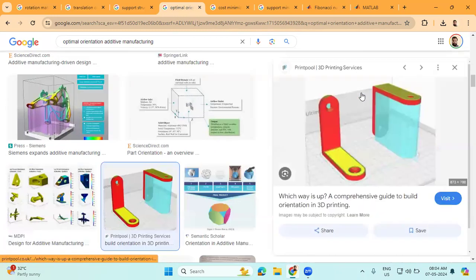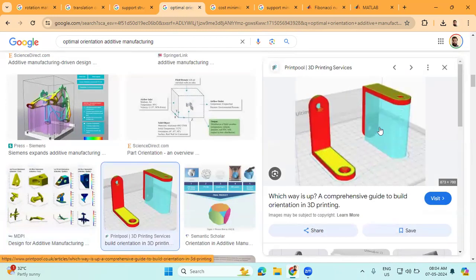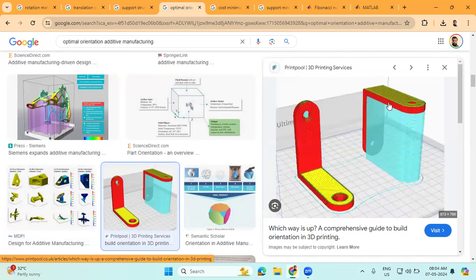When deciding on the optimal orientation for the 3D printed part, several factors need to be taken into account. One of the most important is surface finish. Depending on the orientation of the part, the surface finish may be smoother or rougher, which can impact the final appearance and functionality of the part.